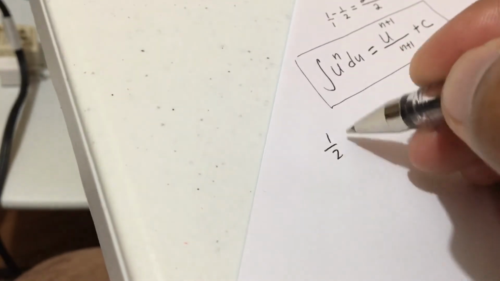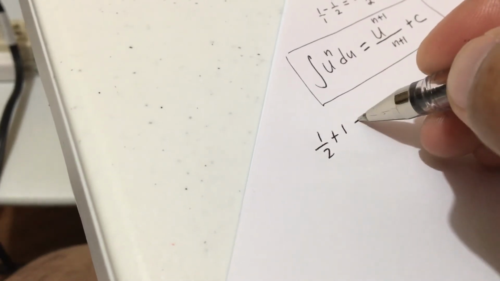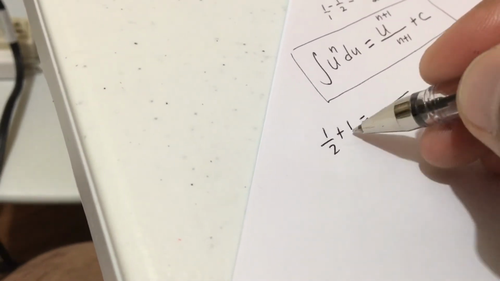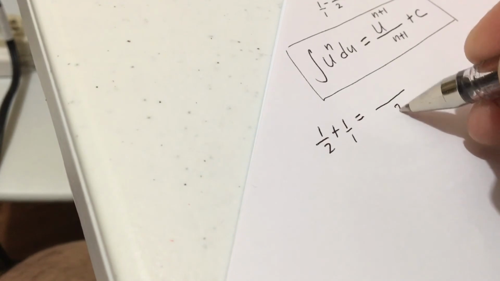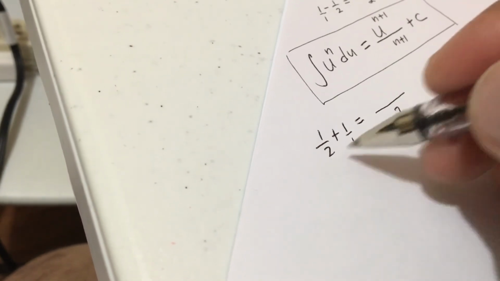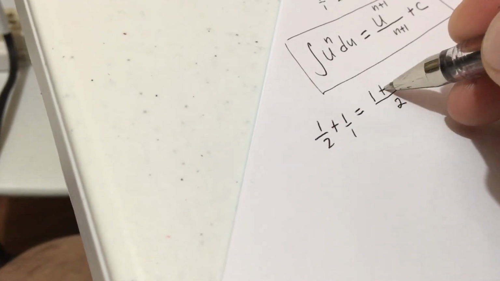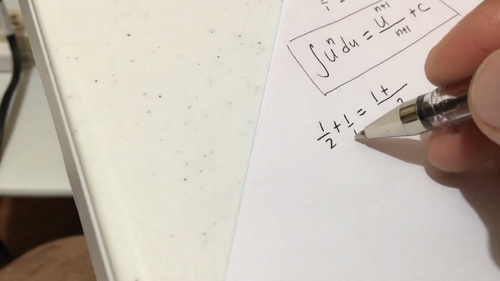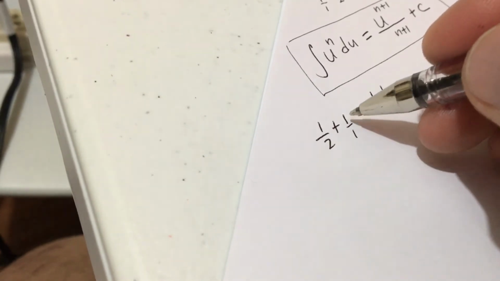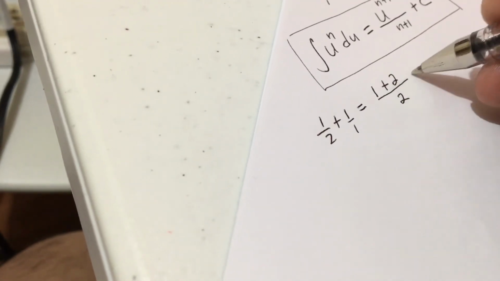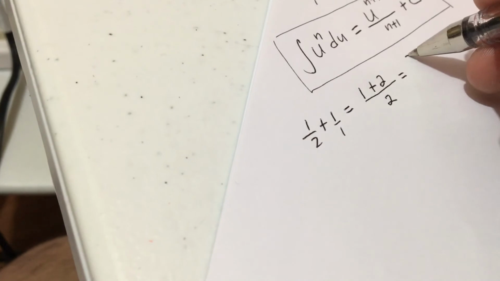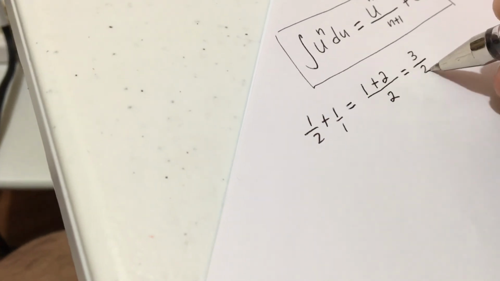So what is 1 half plus 1? This is understood to be over 1. So the LCD is 2. 2 divided by 2 equals 1 times 1, 1 plus 2 divided by 1 is 2 times 1, that is 2 also. So equal to 3 halves or 3 over 2.